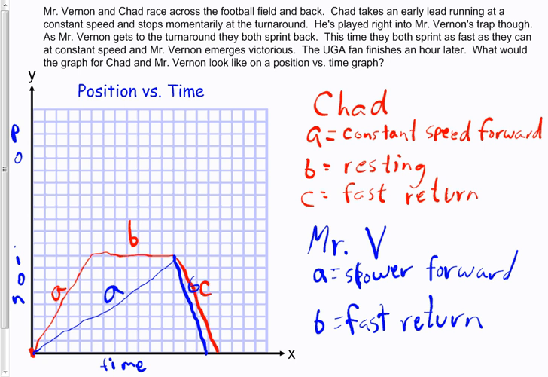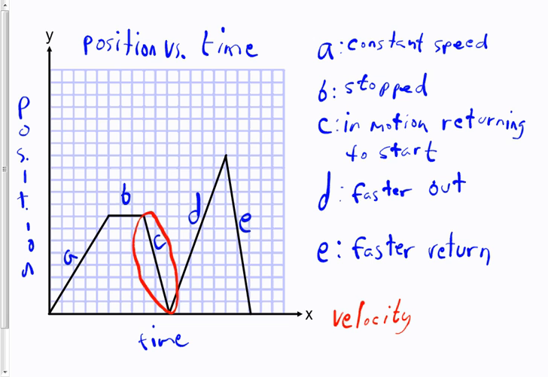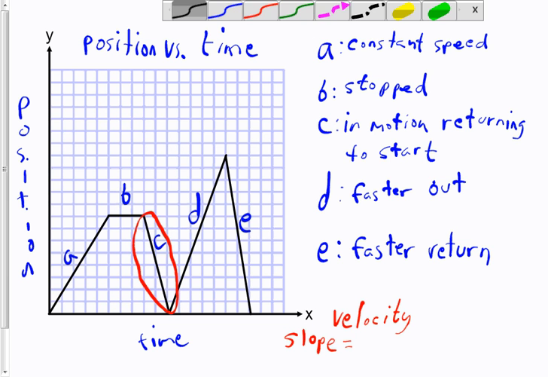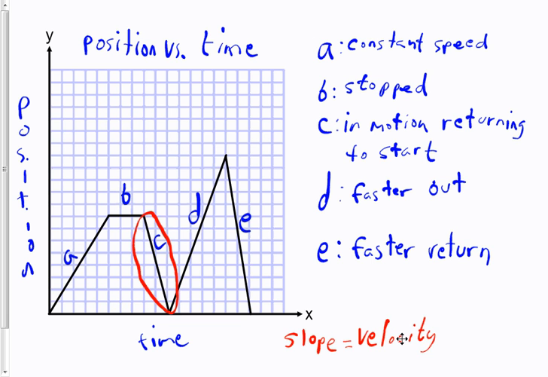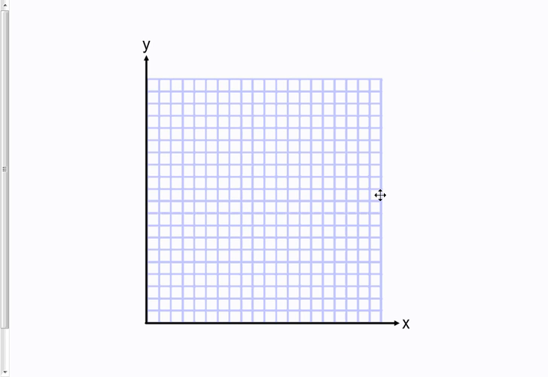Okay. So this is going to give us our slope equals velocity.